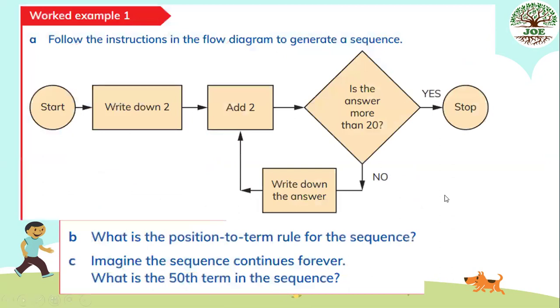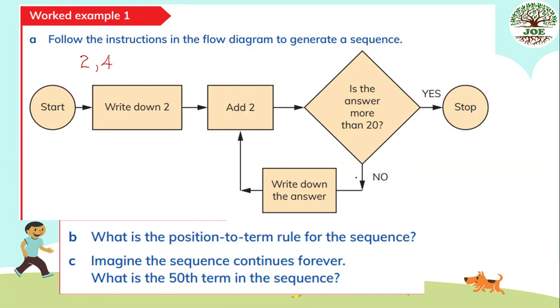Okay, worked example 1. Follow the instructions in the flow diagram to generate a sequence. This is a flow diagram to generate a sequence. Let's start. Write down 2 and add 2. So we got 4. And check, is the answer more than 20?